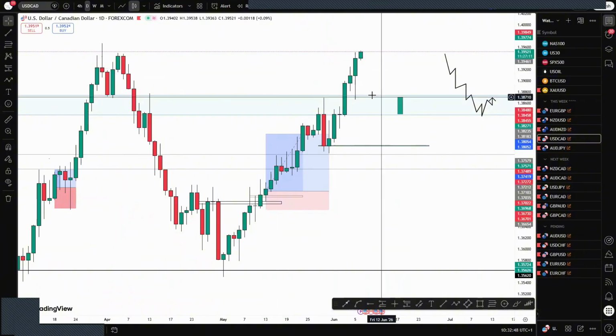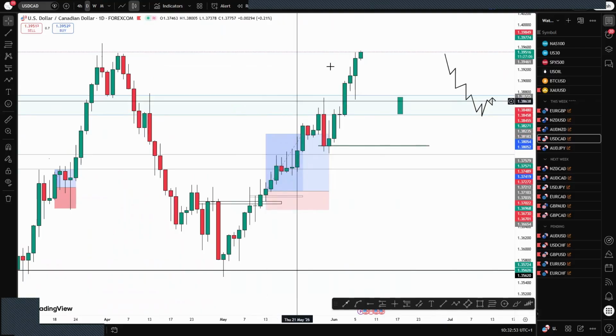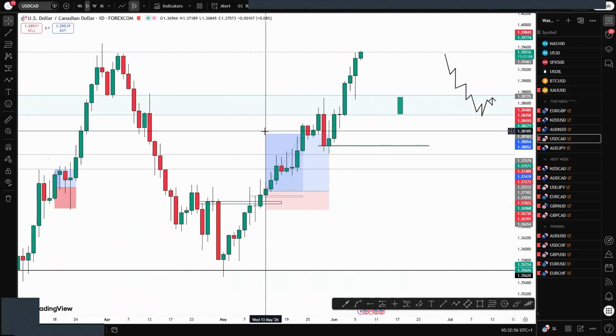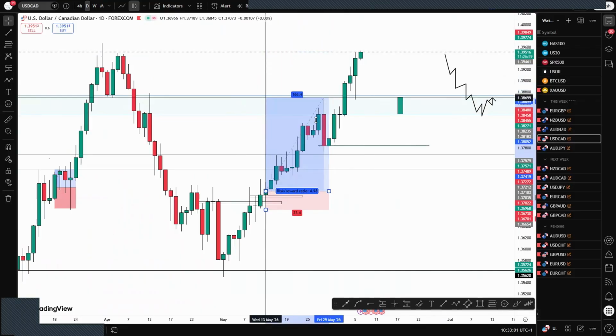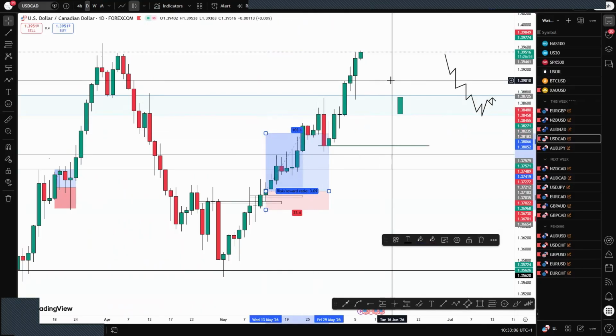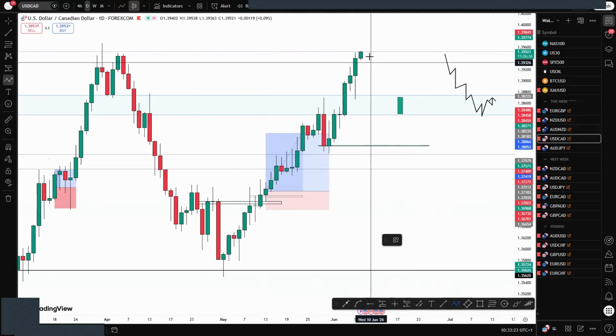NZD/CAD. Price seems to continue buying up to now. You can see, now this is a 1 to 7 trade. I think from here we can just wait for price to come back here also.